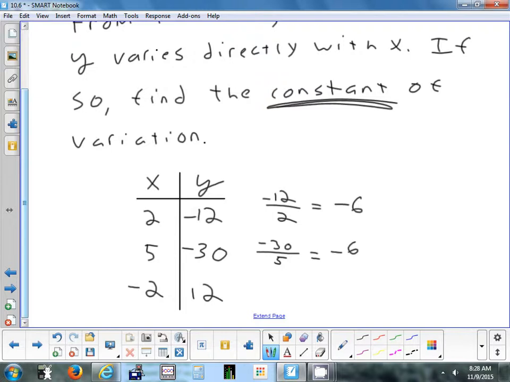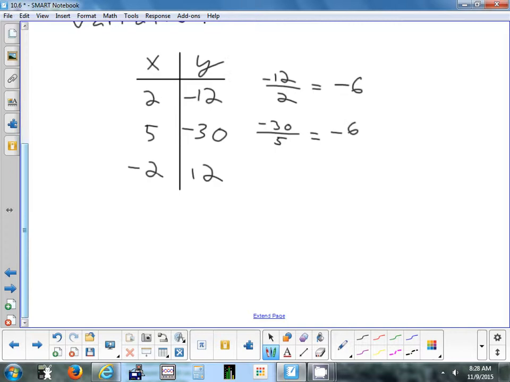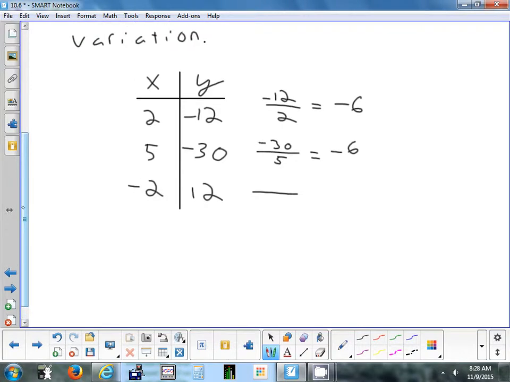If we don't, it's not. And how about the last row in the table? We're going to do 12 over negative 2. And can you tell me what 12 divided by negative 2 is? Negative 6. All right, so Corey, did we get the same thing every time?